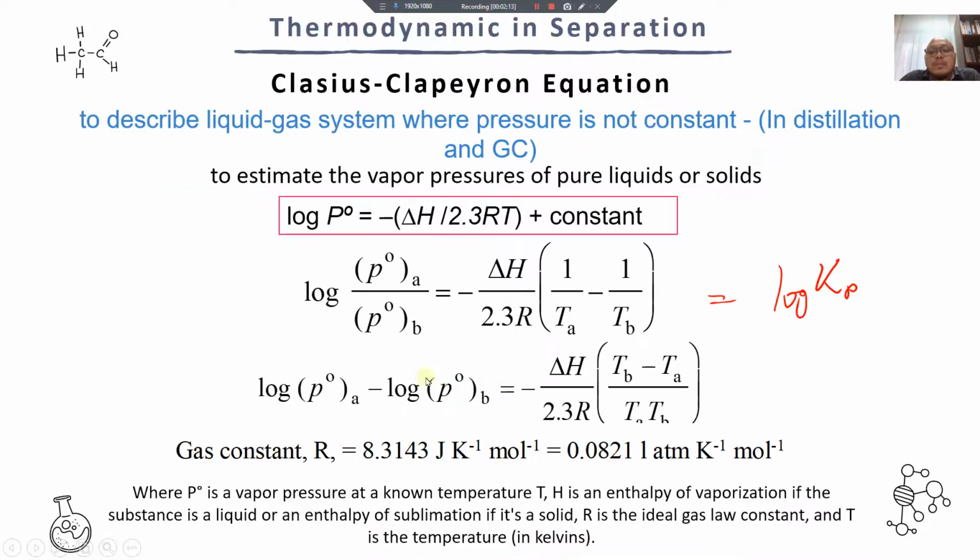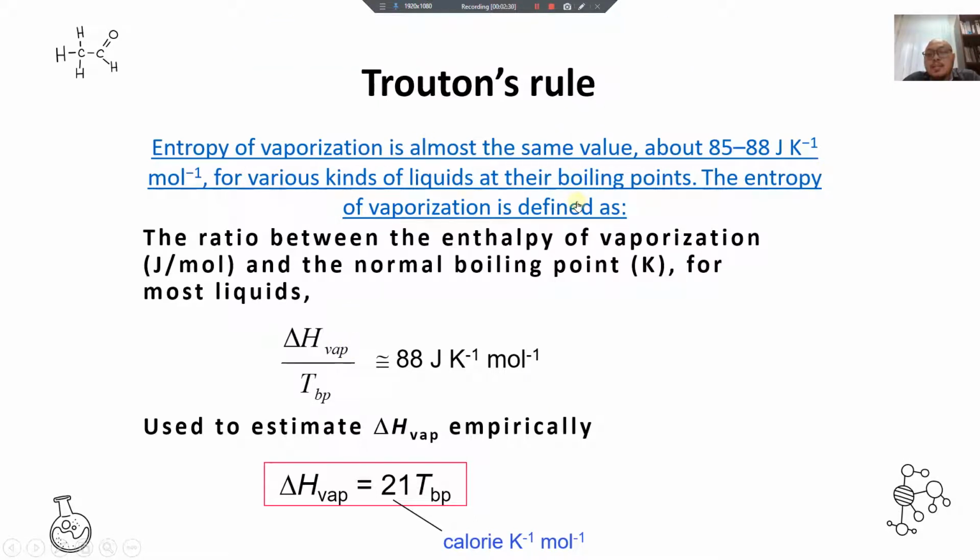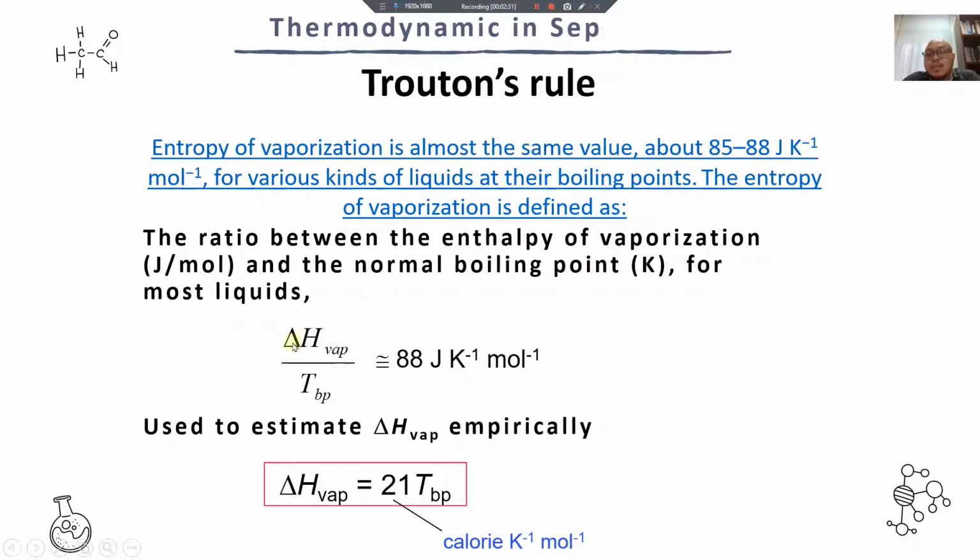If, for example, the equation doesn't give you information about the change of enthalpy, H, you can use Trouton's rule. Let's say the question is a little bit tricky and doesn't provide the change of H, so you can use Trouton's rule.